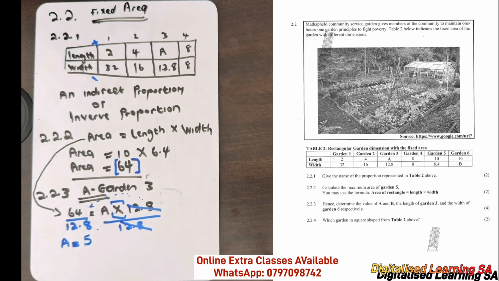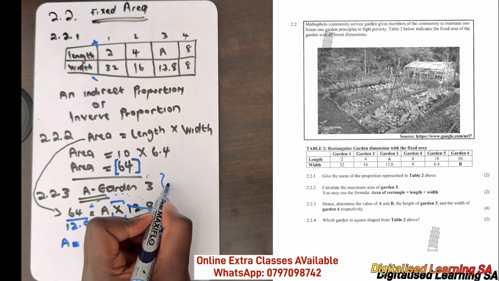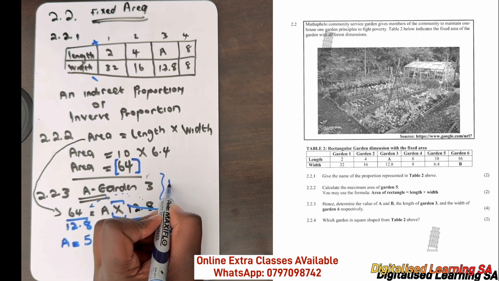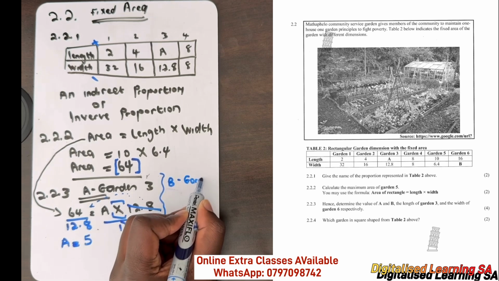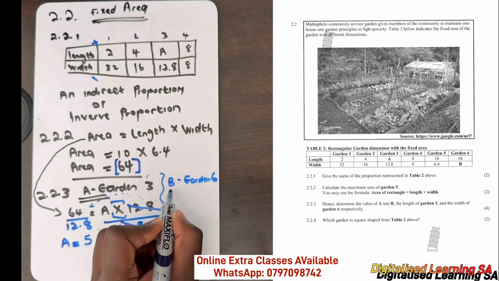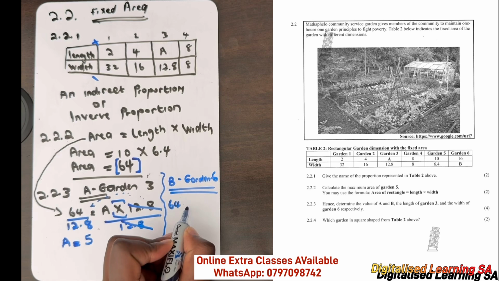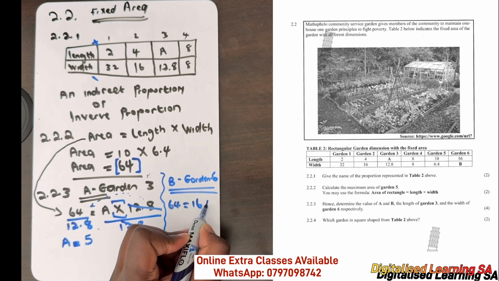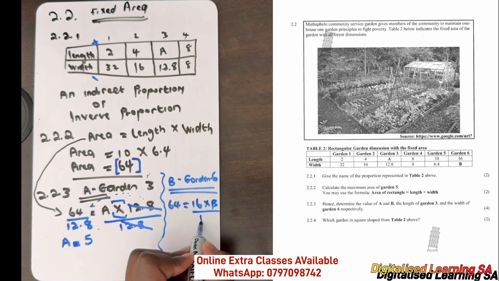Okay, and we do the same for B, for garden 6. Our area is 64, our length was given as 16 and our width was B. So we just divide by 16.